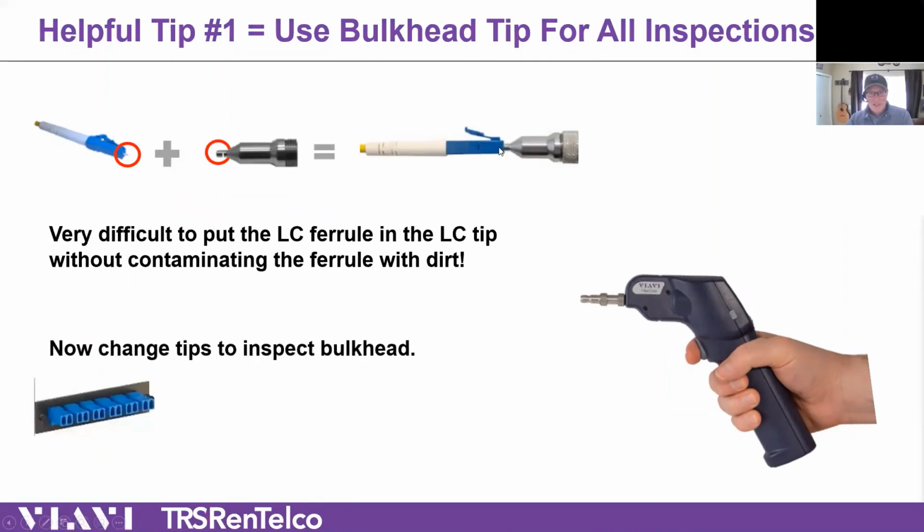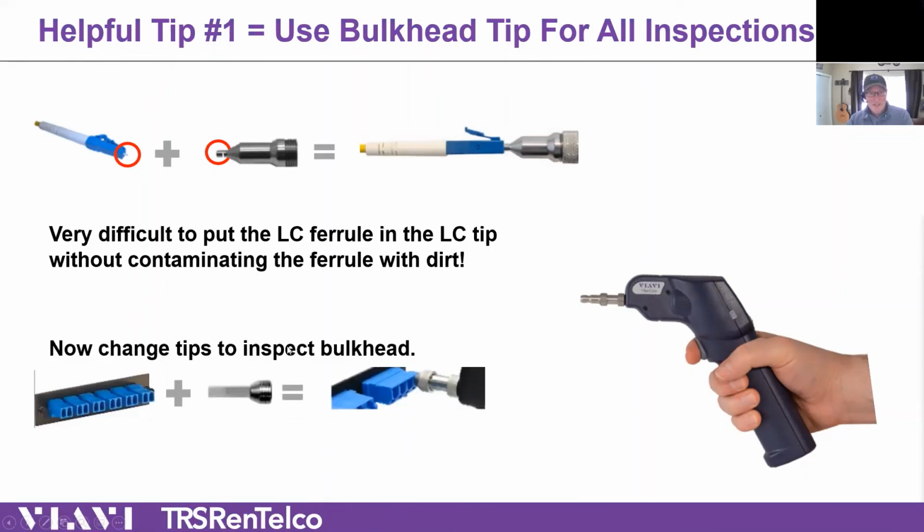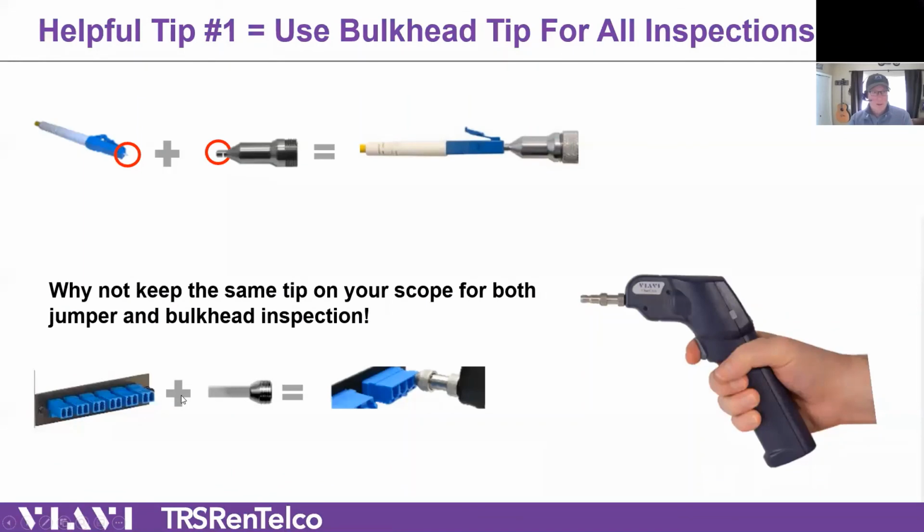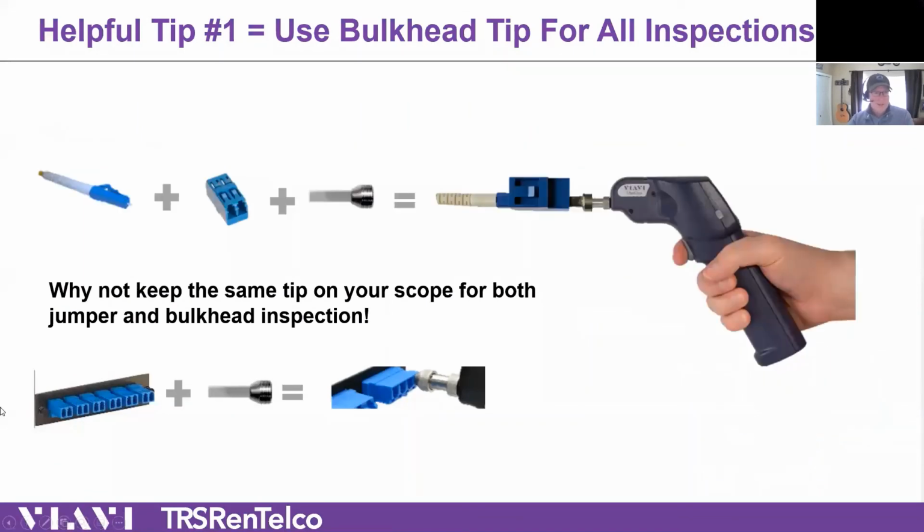Instead of using this tip and constantly getting this dirty and then swapping to this tip, the bulkhead tip over here, why not carry these $2 bulkhead adapters like I have, use the same tip, and then take your terminated fiber, plug it into the backside, and if it's duplex, plug both sides in, and now you can use the same tip on your probe to test not only the fiber, but also the bulkhead, and you're not unscrewing it, putting in the new tip, screwing it, moving back around.